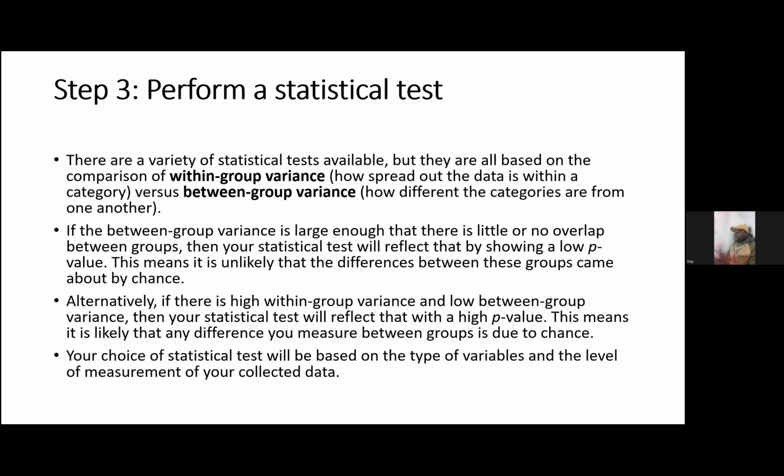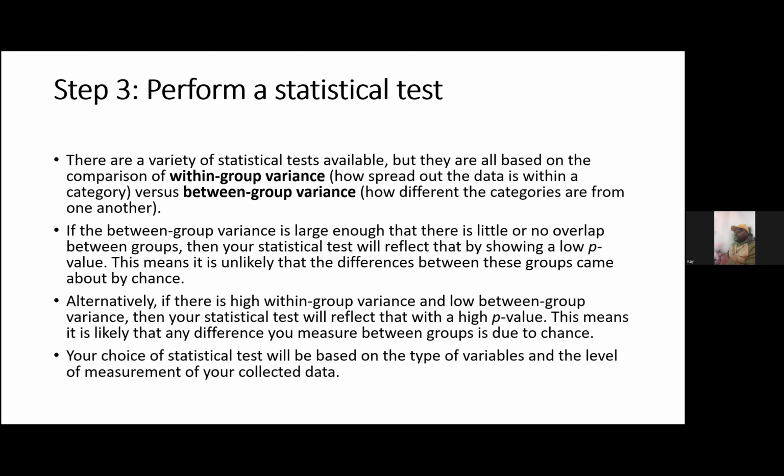Okay, how different the categories are from one another. How the category of men differs from the category of women. If we say on average women are taller than men, or on average women are shorter than men, how different the variances are. This we are stating. How different is it from the other one?